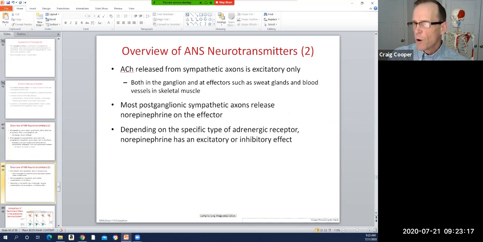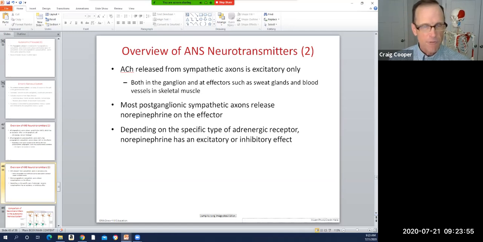With our sympathetic ones, our preganglionic axons are always going to release acetylcholine. It's always going to be excitatory. The postganglionic axon can release norepinephrine, which is usually excitatory. Occasionally it's inhibitory. And if we release norepinephrine, then it binds not to a cholinergic receptor, not to a muscarinic or nicotinic receptor, but to an adrenergic, meaning adrenaline.